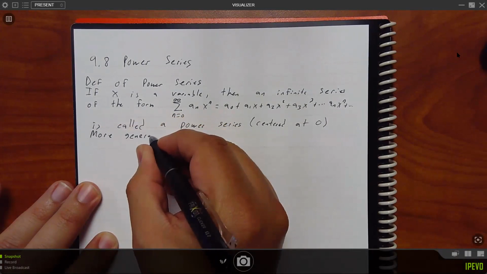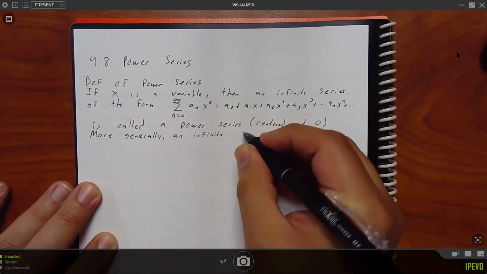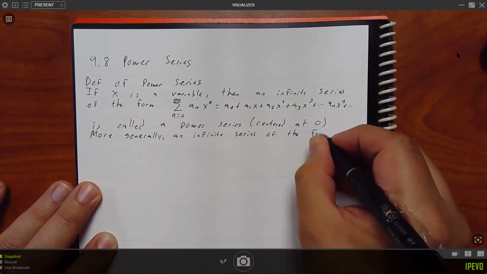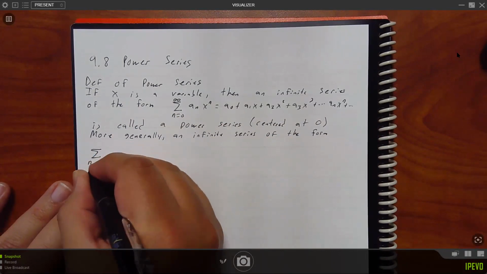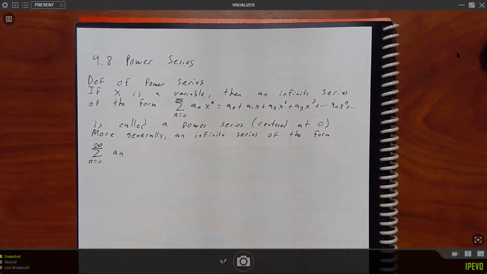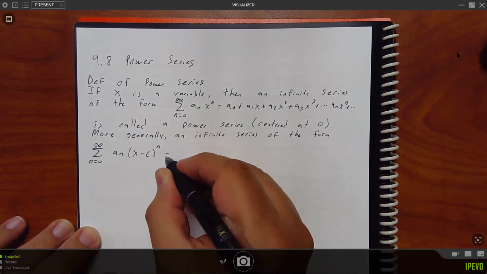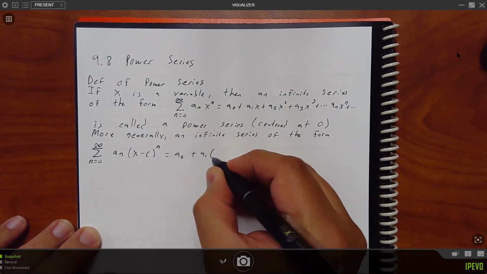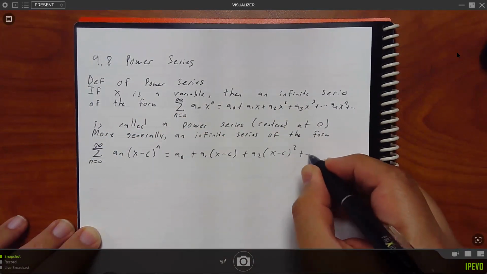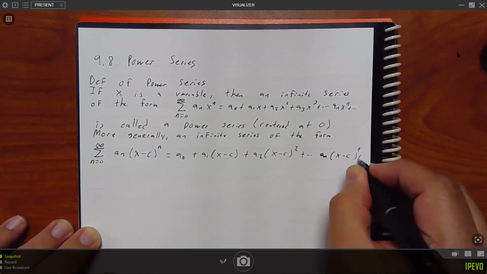More generally, an infinite series of the form the sum of an times (x minus c) to the n equals a0 plus a1 times (x minus c) plus a2 times (x minus c) squared, all the way to an times (x minus c) to the n and beyond.